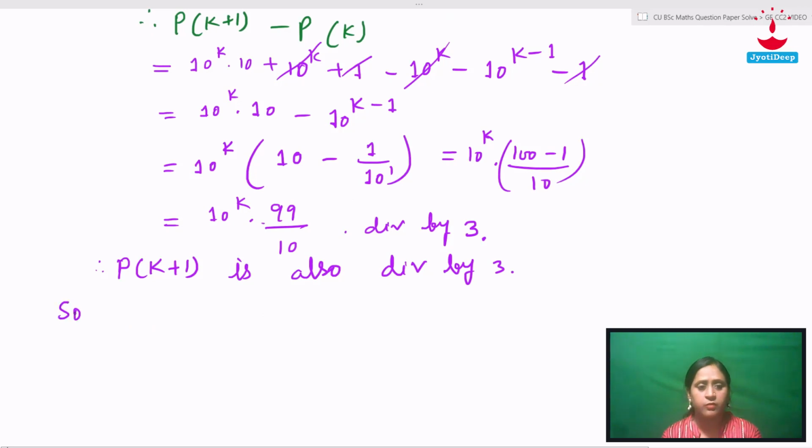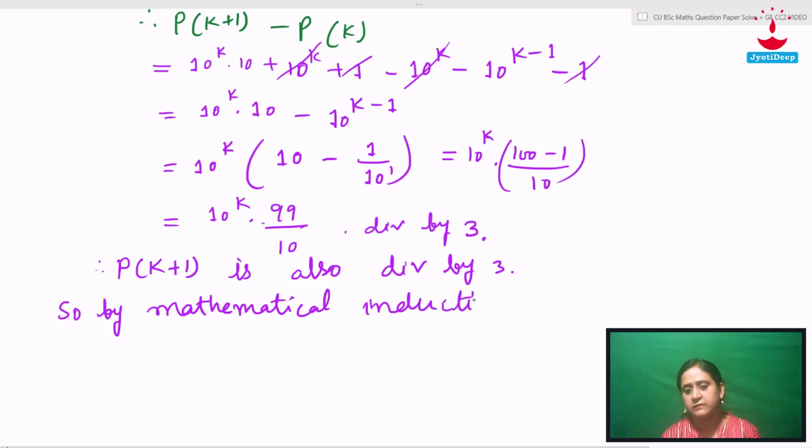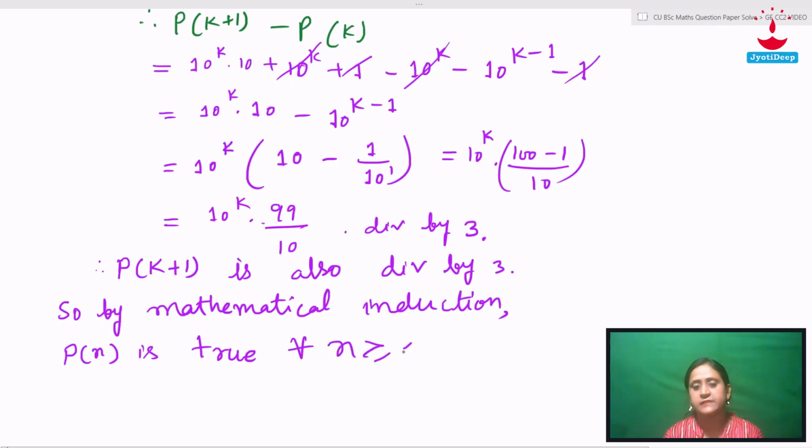So by mathematical induction, Pn is true for all n greater than equals to 1.